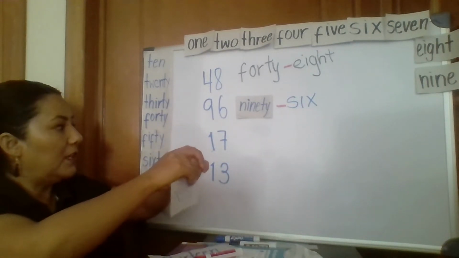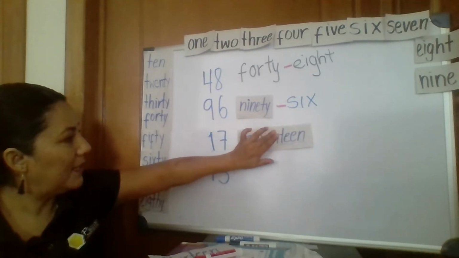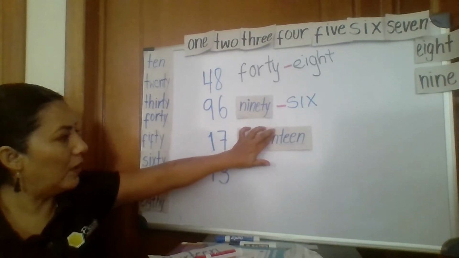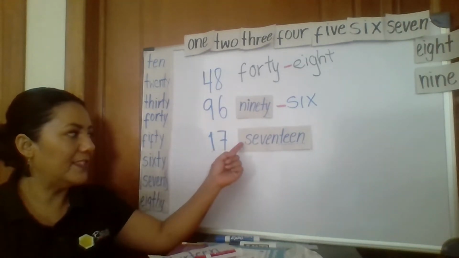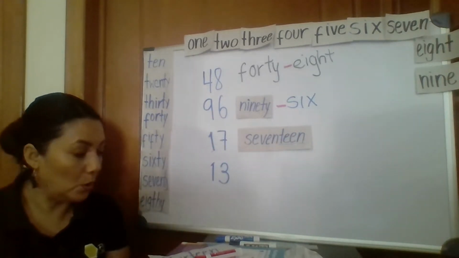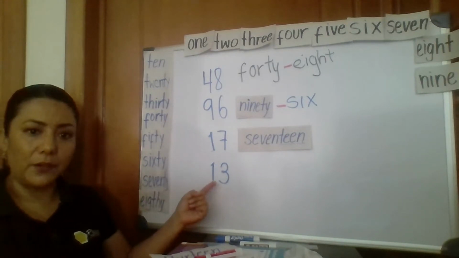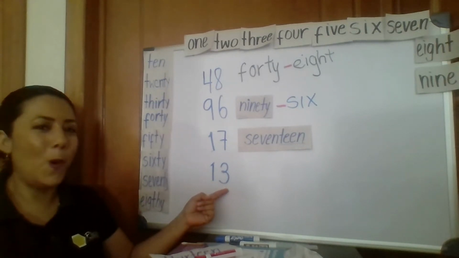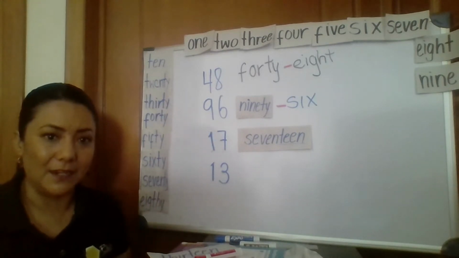So I'm going to leave it here so you know how to write this number word. Yes, 7 stays there. 17. Good. How about this one? Are we gonna say 10-3? No. We are gonna say 13.